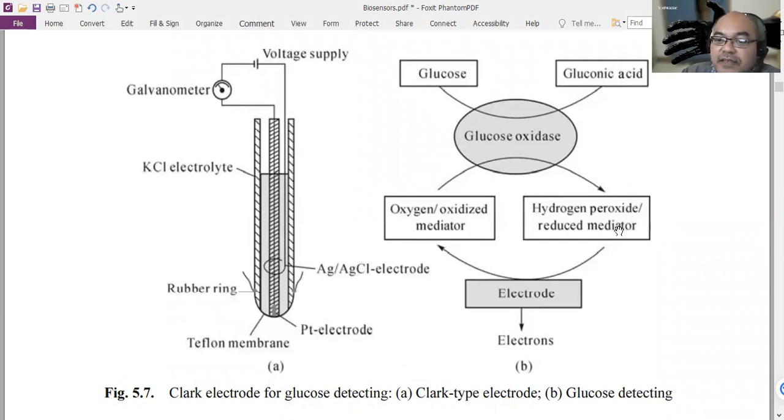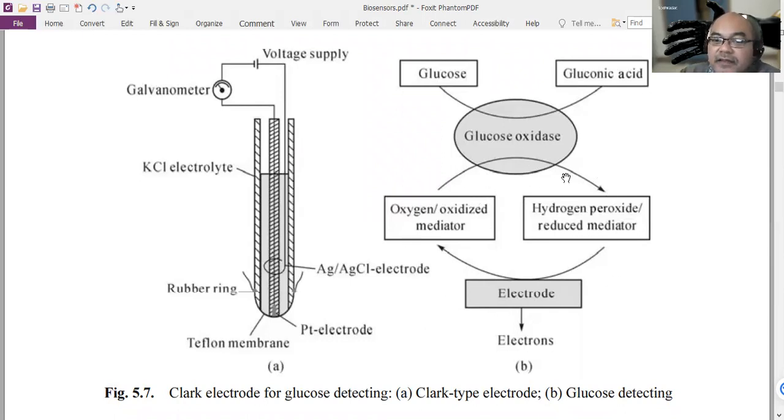So the H2O2 will be oxidized again, and the oxygen will be dissociated from the H2O2 to become oxygen and water, and the oxygen will be free again. During that process, this one is oxidation, this one is reduction.